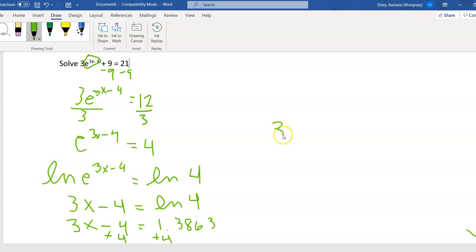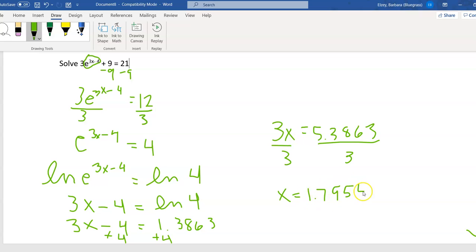So I'm going to have 3x equals 5.3863. And then let's divide out our 3. And we will have our solution when we put that into the calculator. So let's see. That ends up being 1.7954.